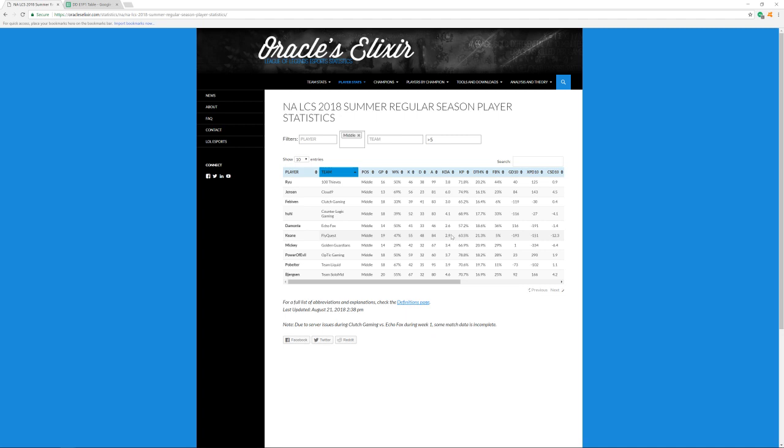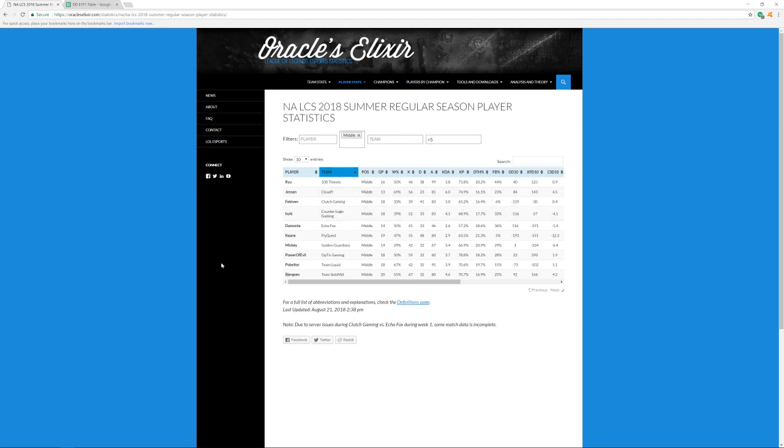I've already gone ahead and done this myself, and I thought we would work with these three stats on the right: gold differential at 10 minutes, XP differential at 10 minutes, and CS differential at 10 minutes. What each of these means is how far ahead you are of your lane opponent at 10 minutes in gold, XP, and CS.